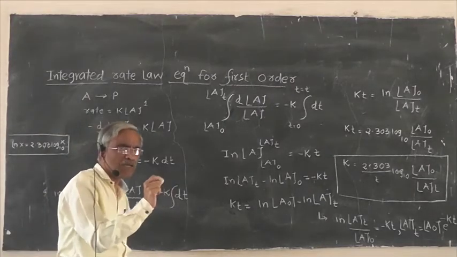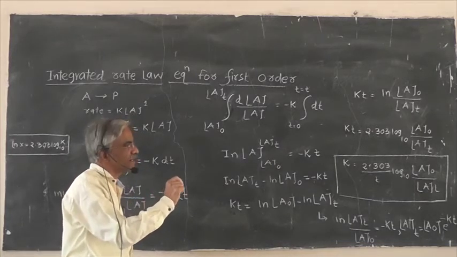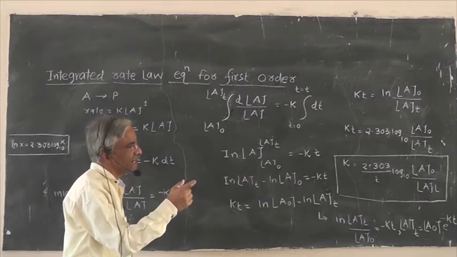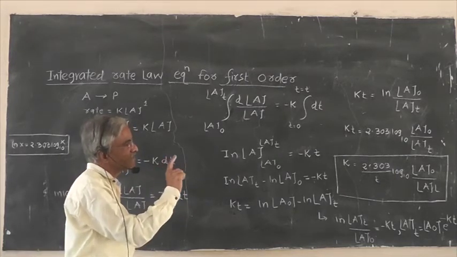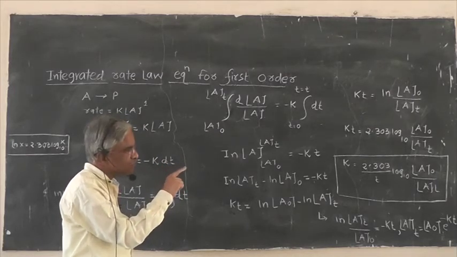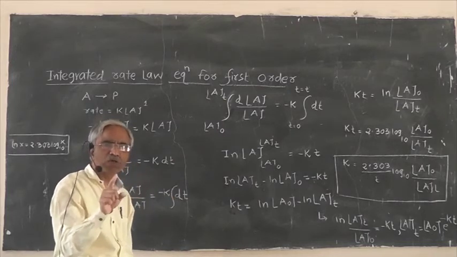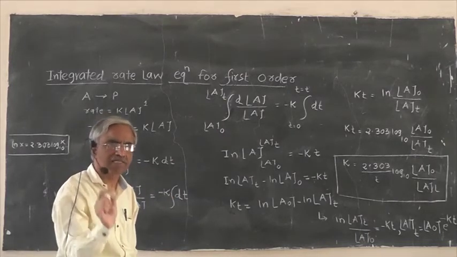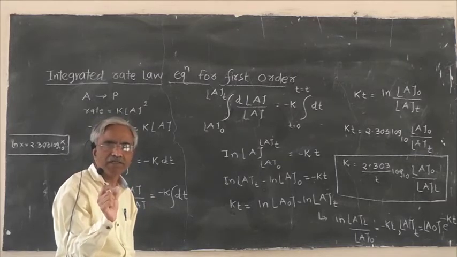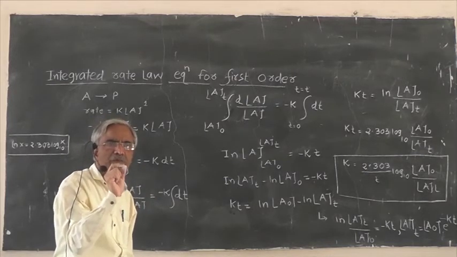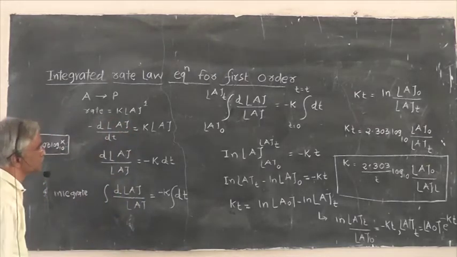Before that, how can we determine the rate is first order? If we have data of concentration at different times t, and these two values are known, then putting these values, if you get the rate constant k always the same, that will prove that the given reaction which has been practically performed is a first order reaction.